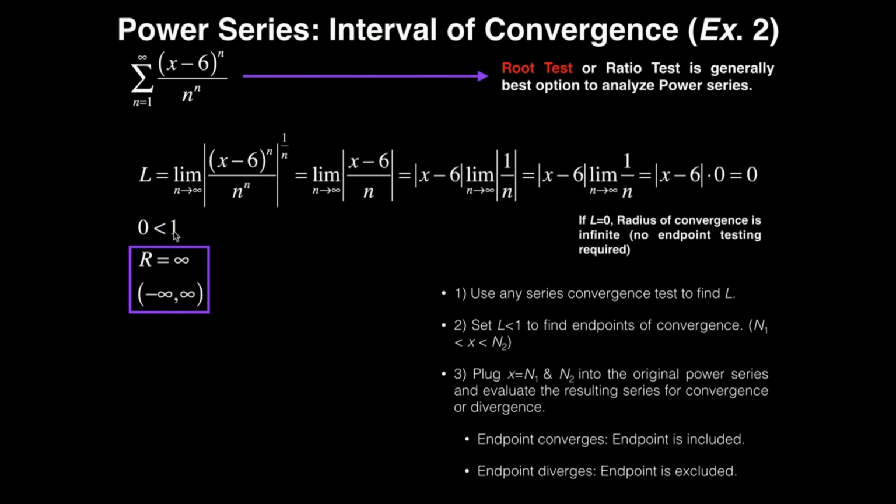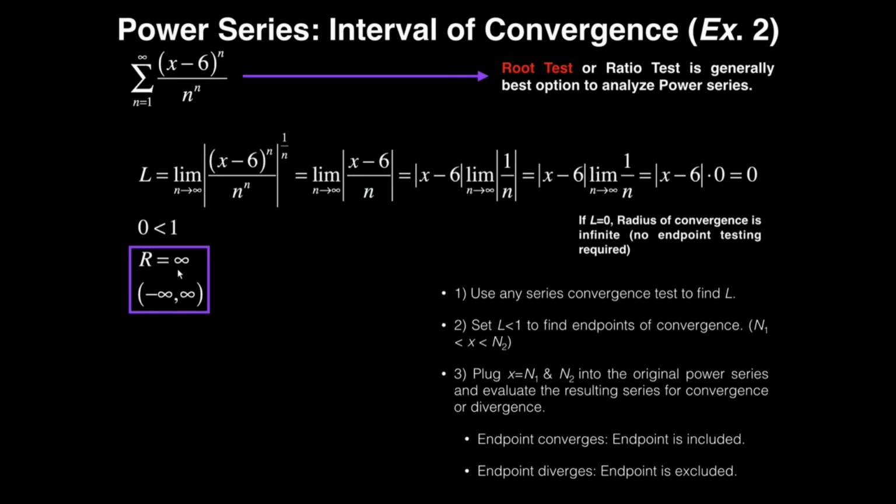So when you have 0 less than 1, you don't have to find any endpoints. The reason you don't have to find any endpoints is because 0 is always less than 1. So this power series converges at every single value of x, because this is satisfied for every single value of x. 0 is always less than 1. In other words, our radius of convergence is infinity.